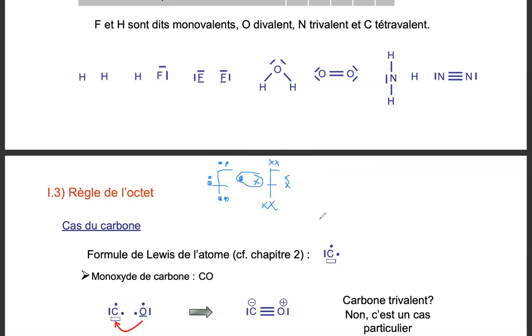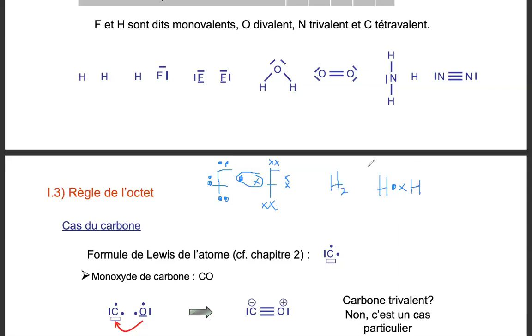Now, there are cases where the octet rule does not apply. So I can also give an example for maybe hydrogen. Hydrogen will form 2. This is 1 there, and another one there, a bond like that.